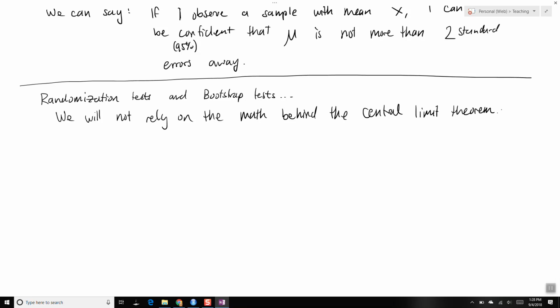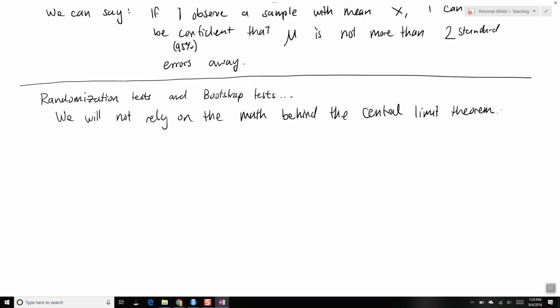No, there were certain conditions that had to be met. Do you guys remember any of those conditions? Sample size greater than 30. So the sample size had to be fairly large. Either we know that the population is normal or at least unimodal and symmetric, and then you can get away with smaller samples.